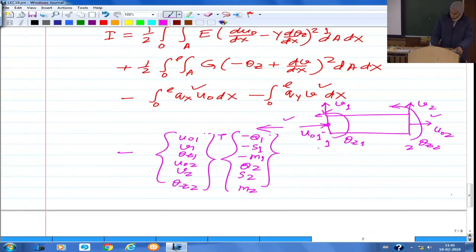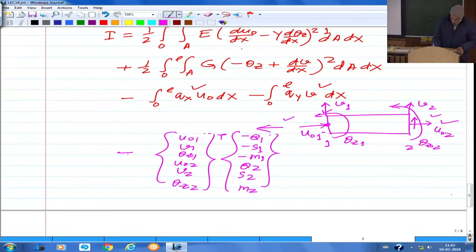So q2 is the axial force here, s2 is the shear force in this direction, m2 is the bending moment. Since at this section these forces are along the negative direction, their potential would be positive. So minus minus finally would become plus. So this is what you get as your total potential energy expression for the Timoshenko beam element, including axial deformation, that is axial as well as transverse forces.